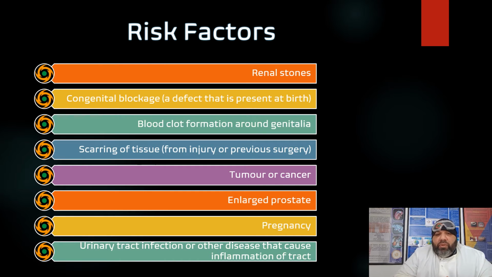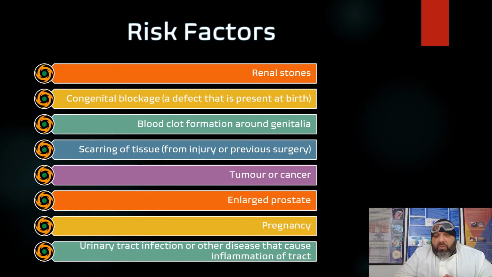Some of the risk factors can include, for example, renal stones, commonly known as kidney stones. There can be congenital bases as well, for example a blockage or a defect that is present from birth.